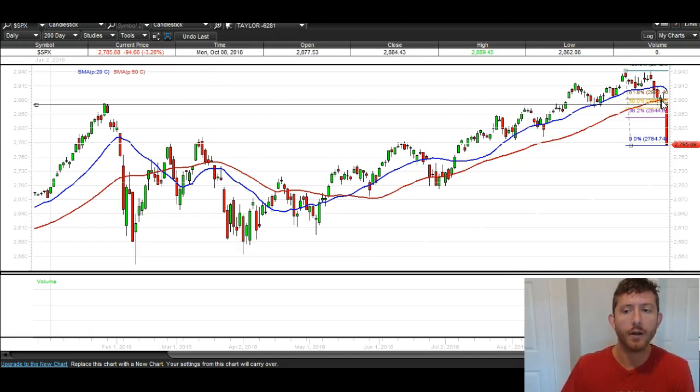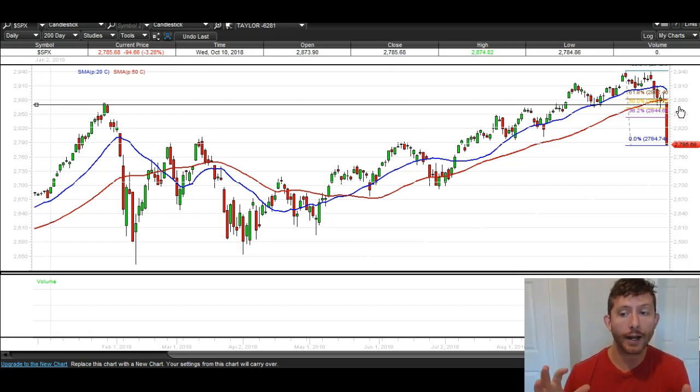So you've got the Fibonacci level, the 50-day moving average, and that previous support, which is now resistance, all matching up around 2880, 2870.